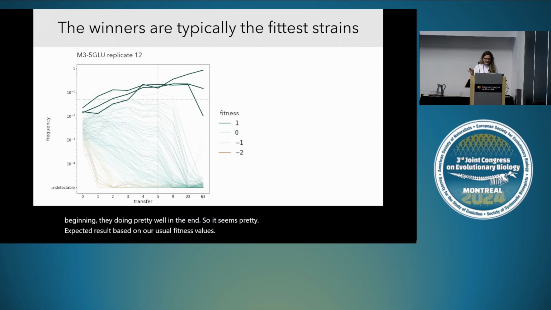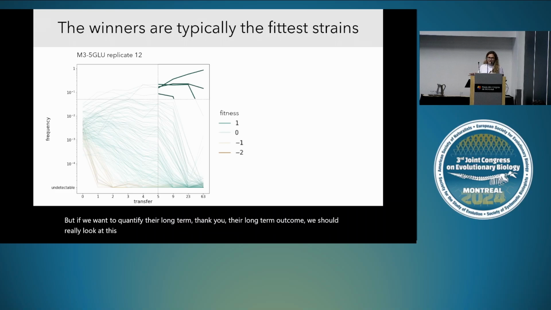But if we want to quantify their long-term outcome, we should really look at this top right quadrant. So just the last time points and just the top, the most frequent strains. And we used an artificial threshold of 5% frequency or more.